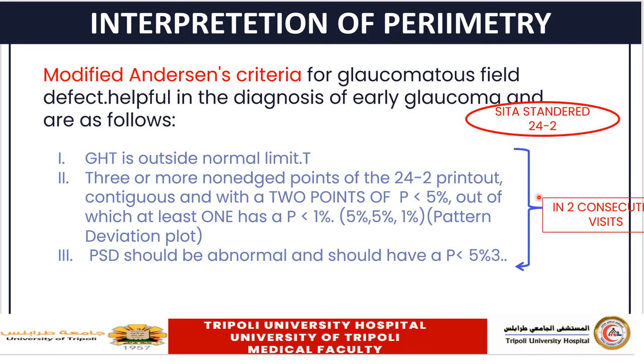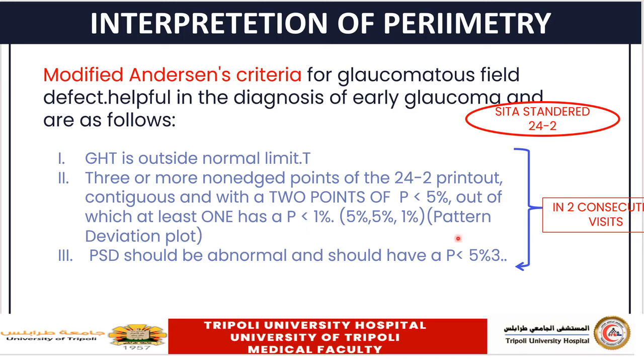This criteria states that glaucoma is suggested when you find the glaucoma hemifield test outside the normal limit, and 3 or more non-adjacent points on the 24-2 printout, 2 of these spots have a probability value of less than 5%, and at least one with a probability value of less than 1%.